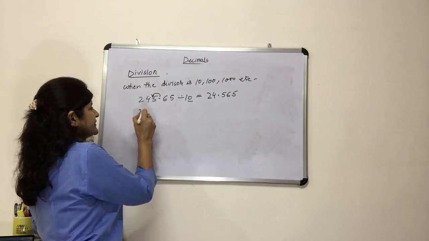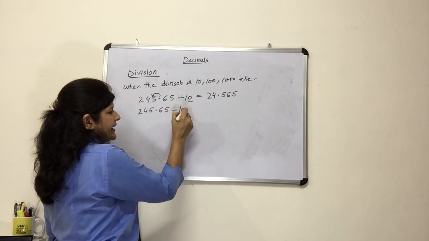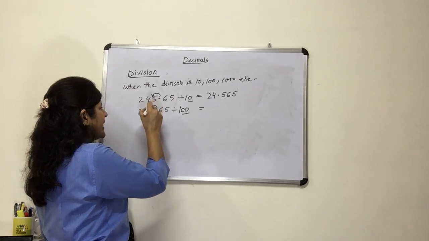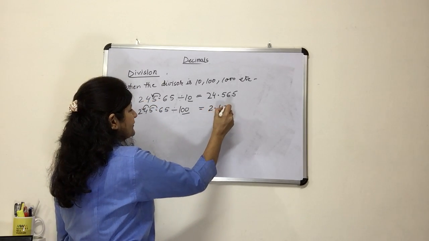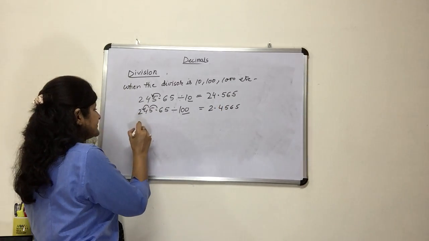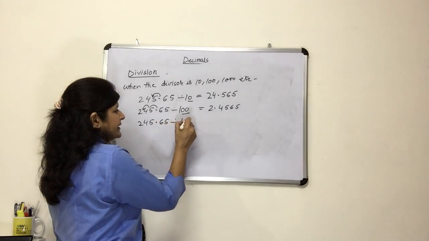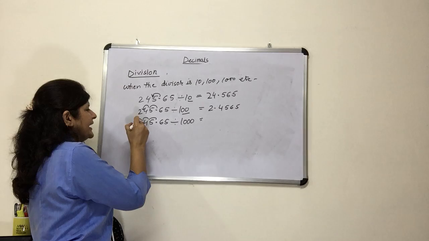If in place of this 245.65 is divided by 100, that means 2 places, 1, 2. So the answer will be 2.4565. Right? If I am dividing the same number by 1000, it will go 1, 2 and 3.